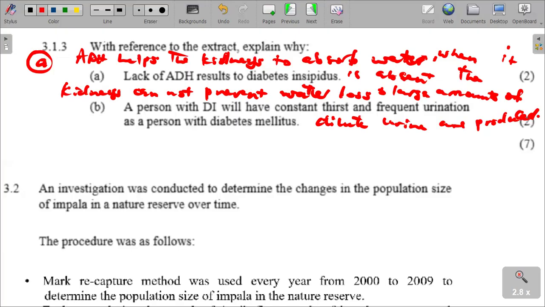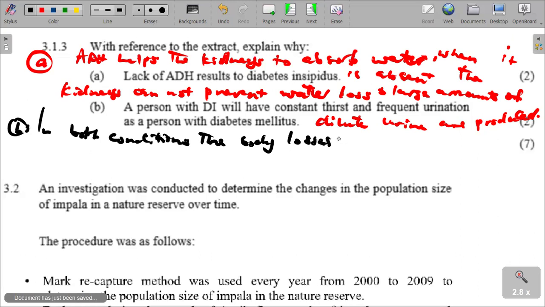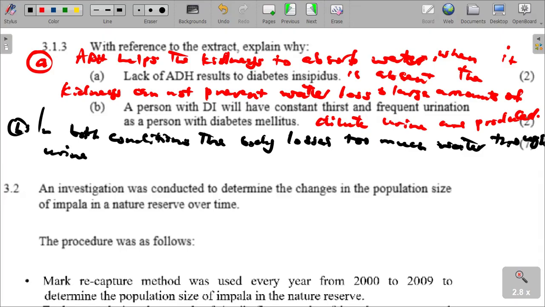The reason is that in both conditions, the body loses too much water through urine.